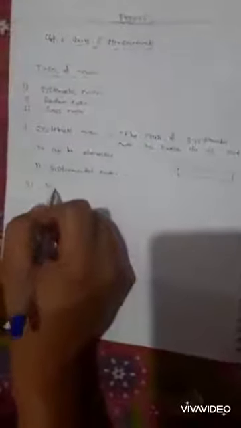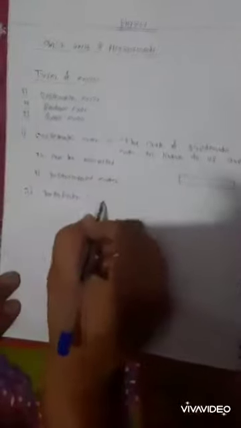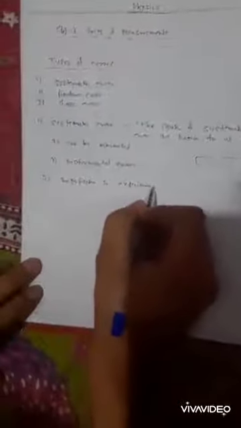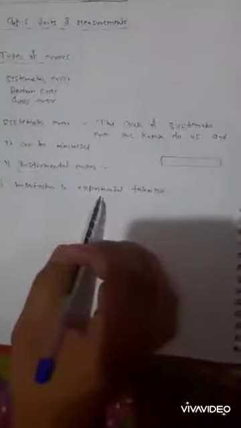Second one in this category is imperfection in experimental technique. So let's understand with the help of an example.